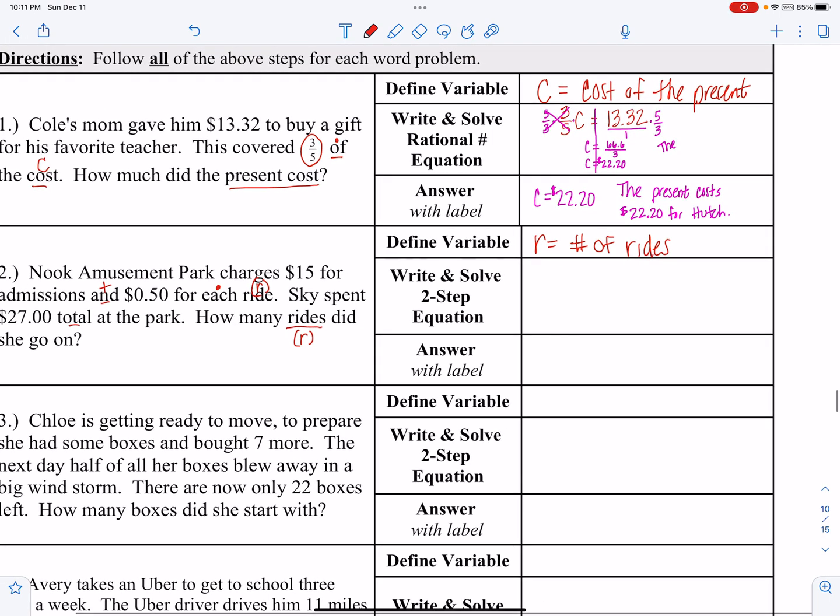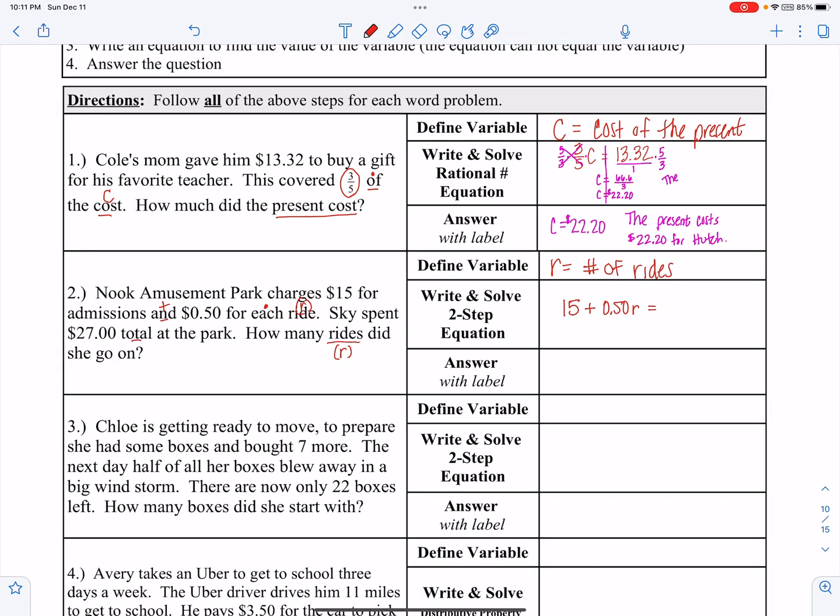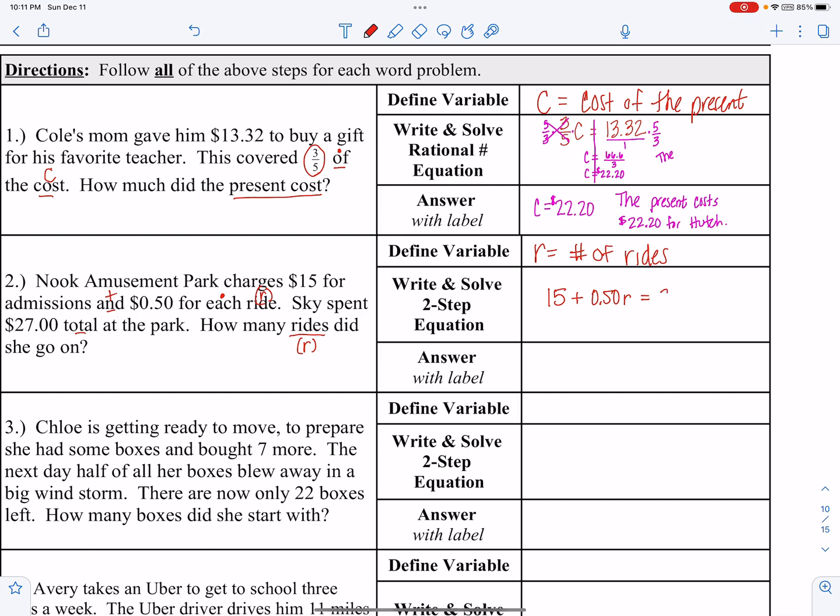We have a one-time $15 plus 50 cents times the rides, 0.50 R. When I do that, I end up using a total of $27. And so the question is, how many rides did she go on to end up at that $27? Now we can solve for R.